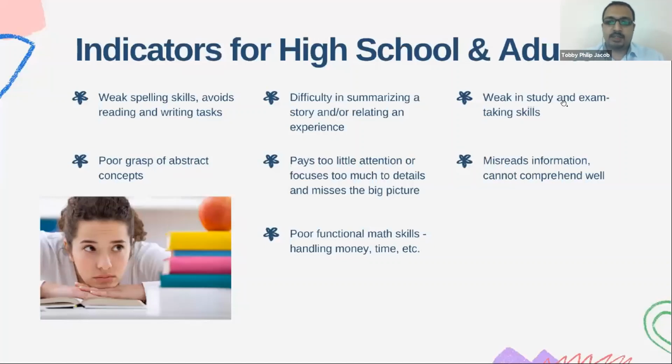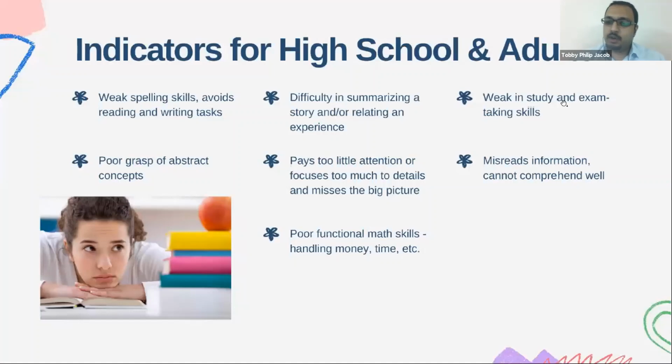Difficulty in summarizing a story or relating an experience, weak study and examination-taking skills, poor grasp of abstract concepts, and paying too little attention or focusing too much on detail and missing the big picture. They might concentrate on a single word and try to find the meaning of the whole passage. That happens because a new word might be interesting to them, and that doesn't allow them to complete the whole assignment properly.